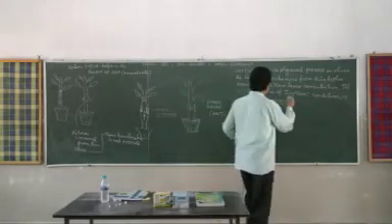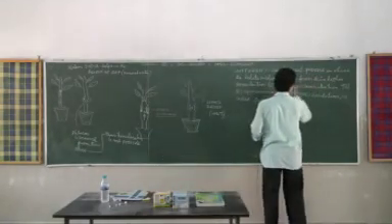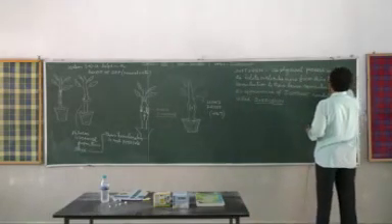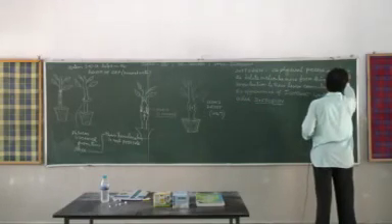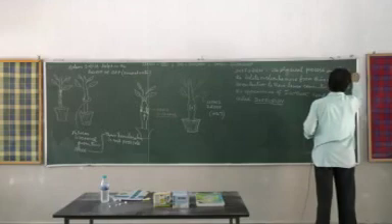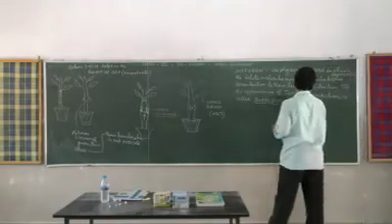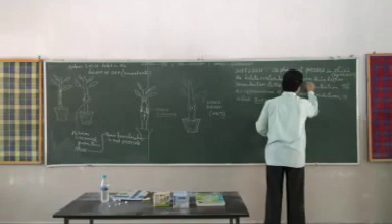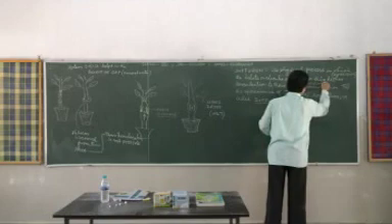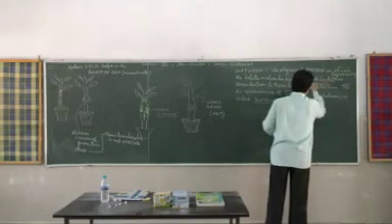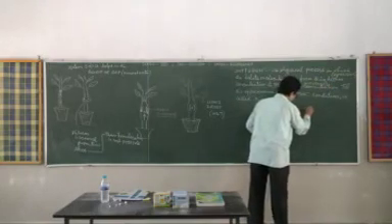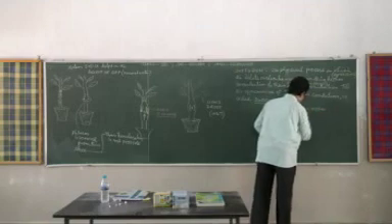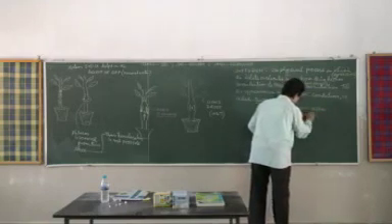The higher concentration zone we call hypertonic, and the lower concentration zone we call hypotonic. Hyper means higher, hypo means lower.